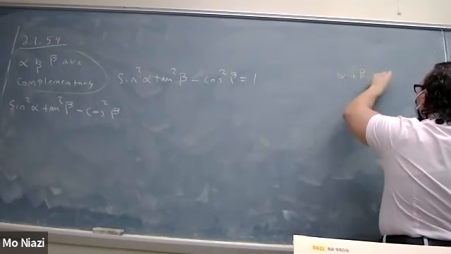So now what? Well, again, it's a cofunction identity. So tangent of, let's say, alpha is the same thing as cotangent of 90 degrees minus alpha. Similarly, cotangent of alpha is the same thing as tangent of 90 degrees minus alpha.